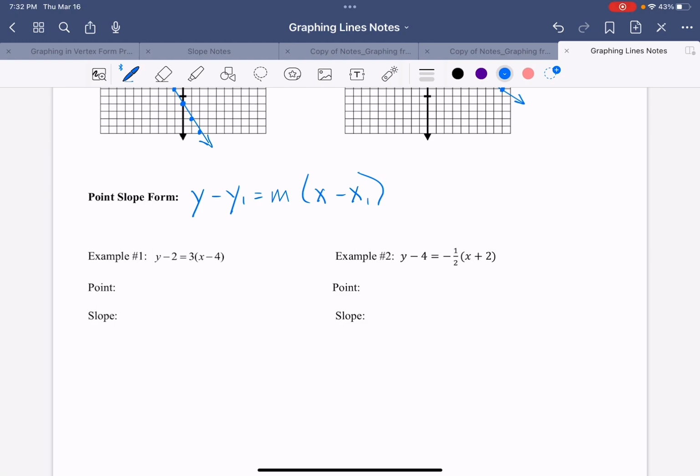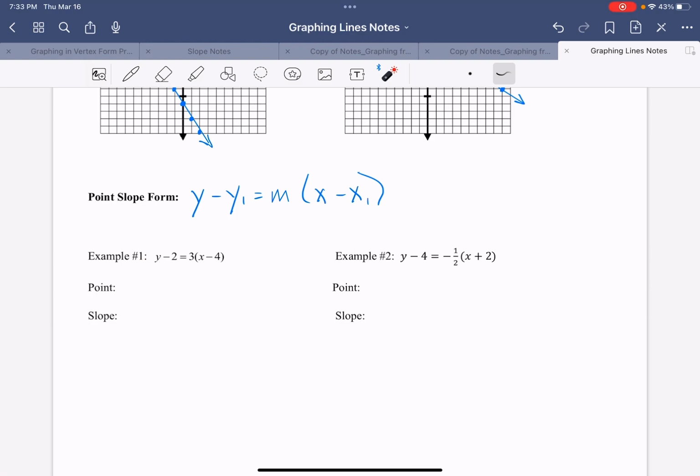The important thing to know about this particular equation, so I know when we were doing slope, you were saying y1 and y2. Well, this right here and this right here stay y and x in your equation. So you'll notice in example 1, y and x have stayed there, okay? But this now is the y for point 1, and this now is the x for point 1.